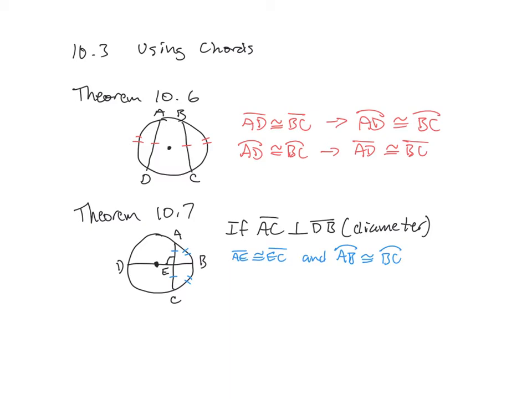Okay, so 10.6 and 10.9 work together. This theorem, 10.6, says if the arcs are congruent, then the chords are congruent. That's this theorem, 10.7. Diameter, perpendicular. So I know that each part of that chord is the same, and I know the arcs are the same.